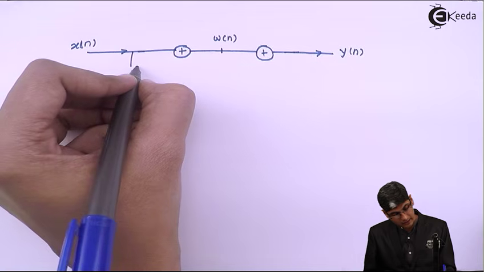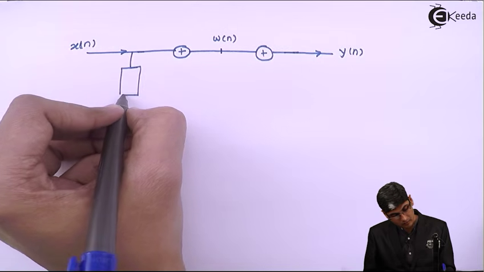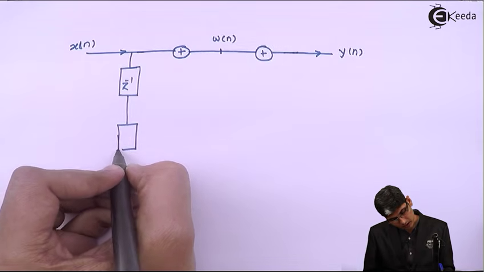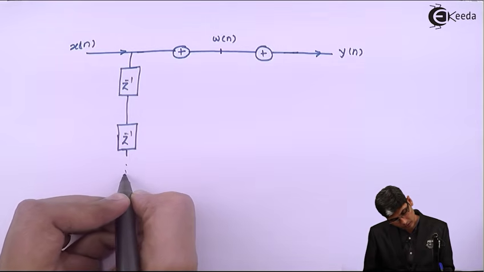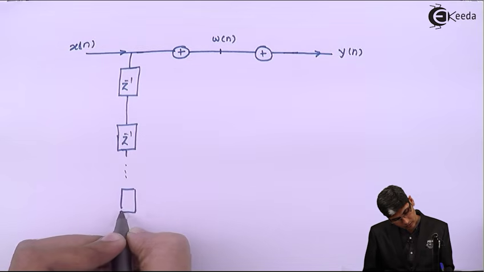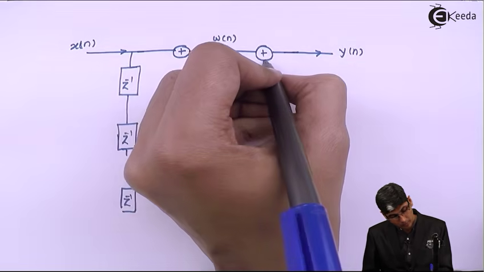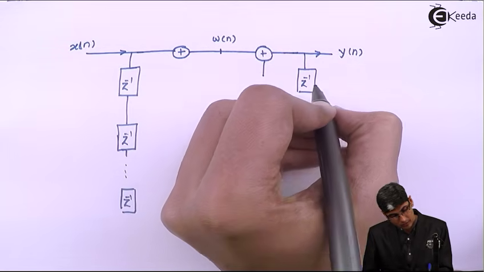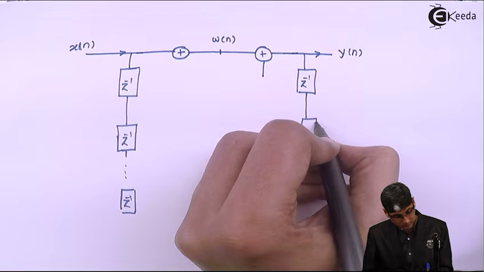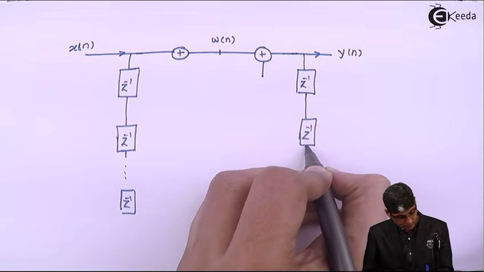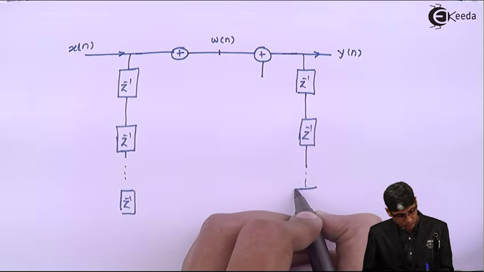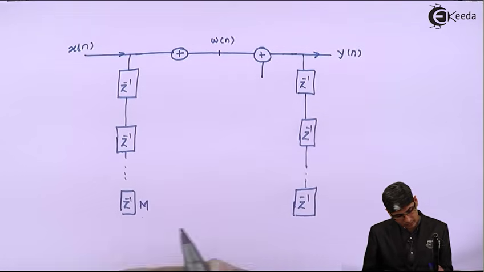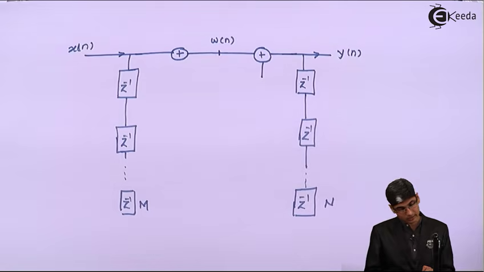So this will get delayed by z inverse, this will be z inverse, and so on and so forth. This will be z inverse. Here also z inverse, z inverse, and so on. Here also z inverse. Let's say this is the mth z inverse and this is the nth z inverse.